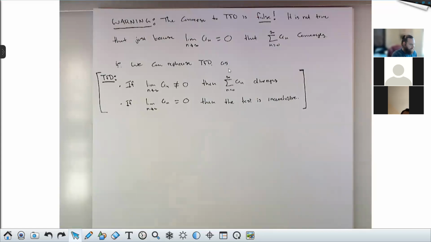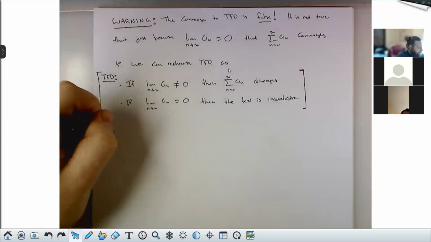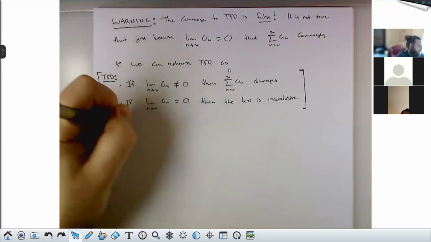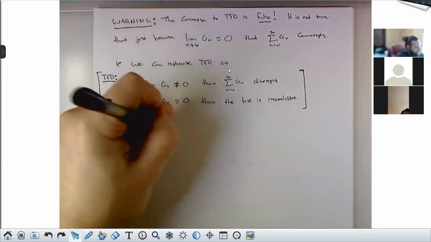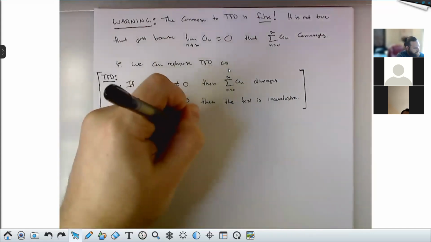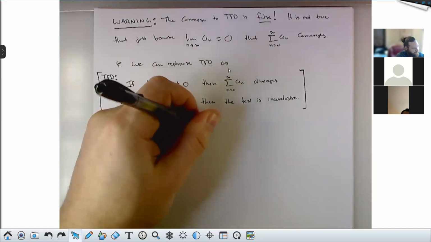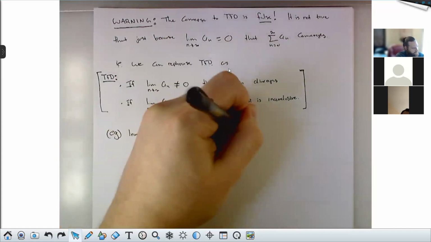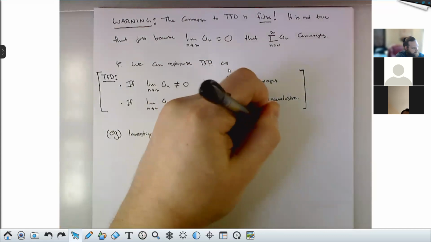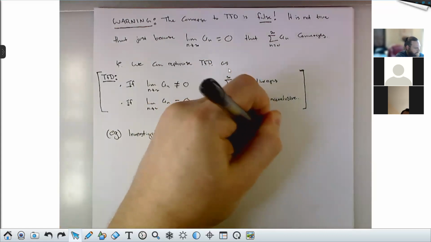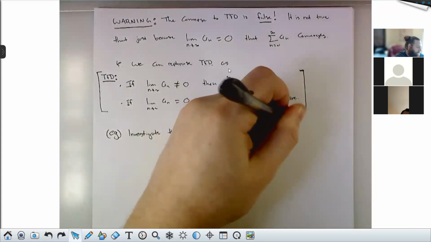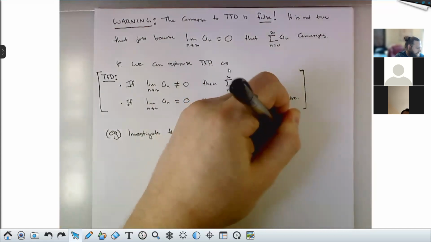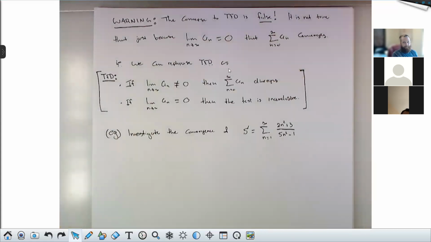Before I do that, let's work an example just using this theorem. Let's investigate the convergence of the series S equals sigma n from 1 to infinity of (2n squared plus 3) over (5n squared minus 1).